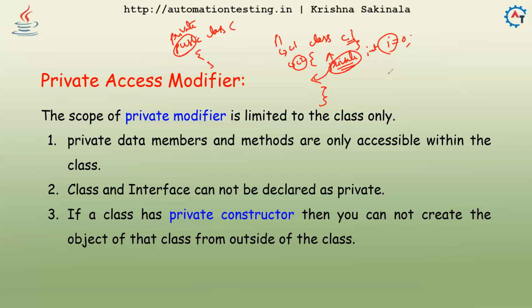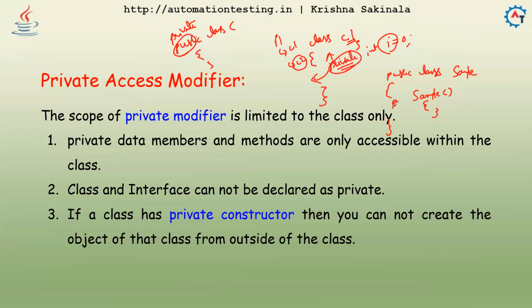Say you have a public class Sample. Inside this, you have a constructor Sample. The name of the class and the constructor should be the same; only then is that method called a constructor.